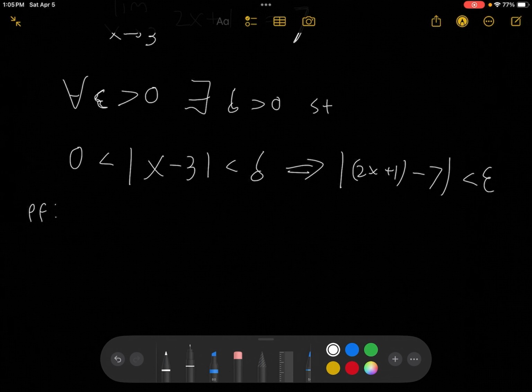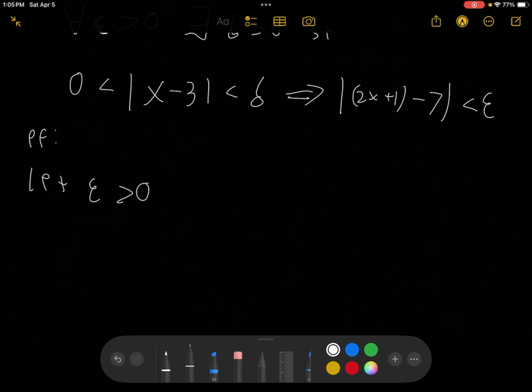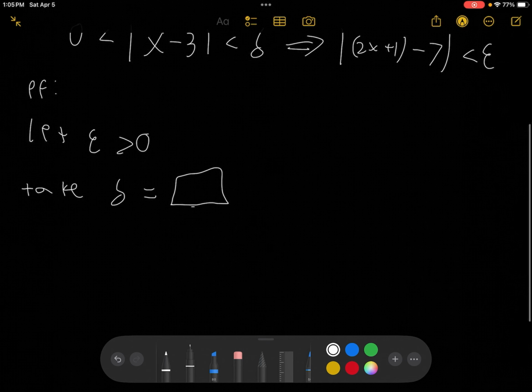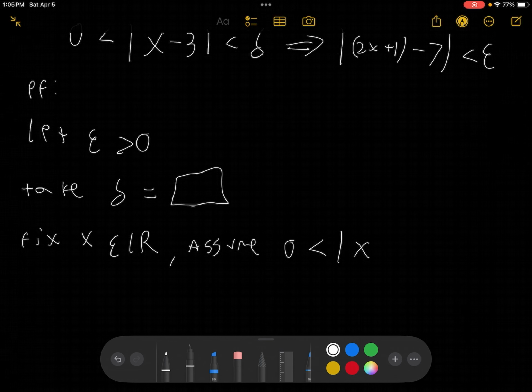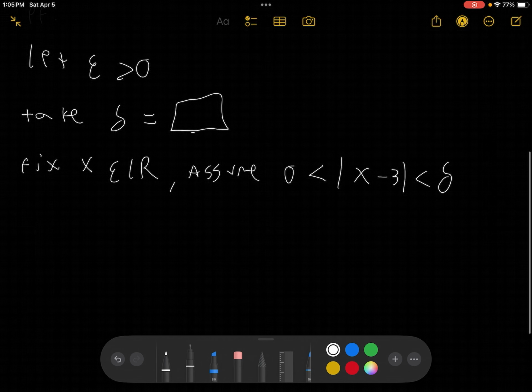So looking at the structure of how this proof is going to work, we're going to first fix some positive epsilon. Then we're going to choose a value for delta. Then we're going to fix some real number x and assume that the absolute value of x minus 3 is between 0 and delta.